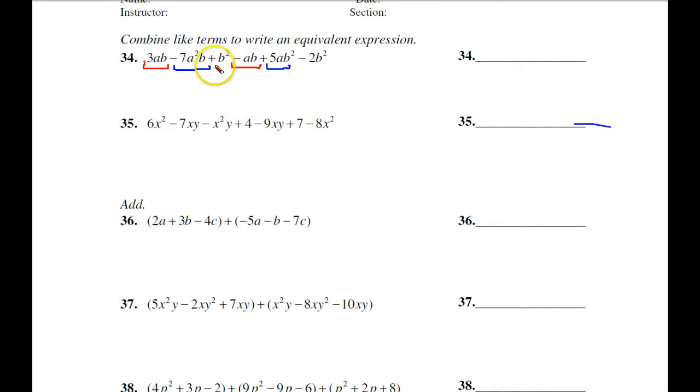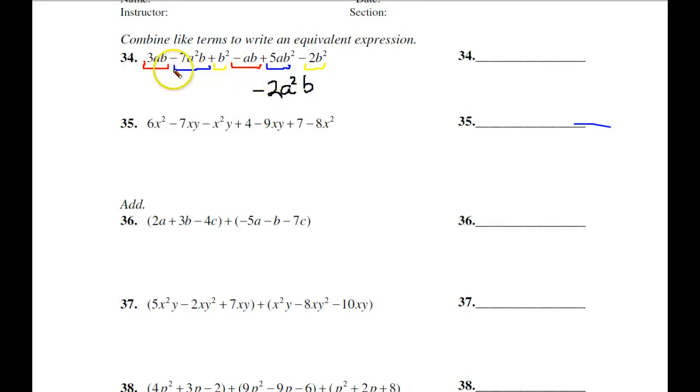And our last like terms would be, if you can see that, in yellow. So then it's just a matter of adding the signs together. So trying to keep it in some sort of order here, let's do the ones in blue first. We have a -7 and a +5 give us a -2a squared b.